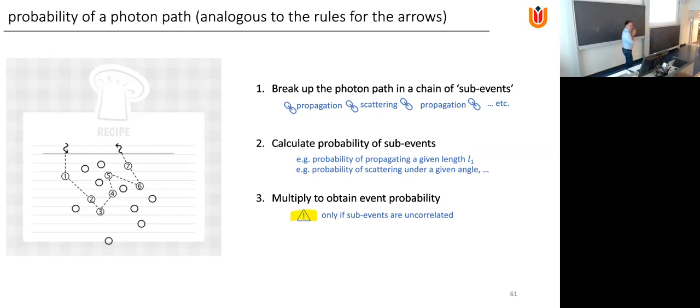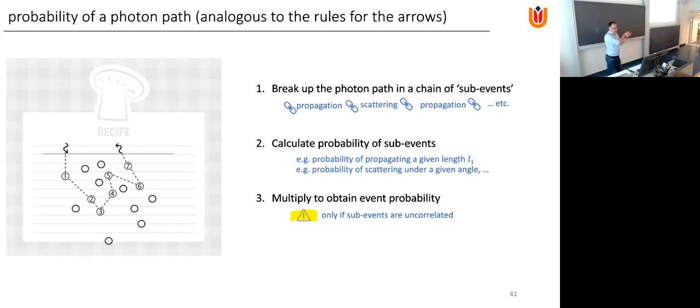In order to do this, I have to calculate the probabilities of each of these sub-events. That means I have to calculate the probabilities of a propagation step of a given length, for example, the probability of this step. And I have to calculate probabilities of scattering angle. For example, the probability that light coming from this direction is scattered at this location into this direction.